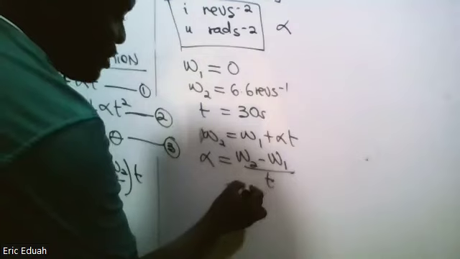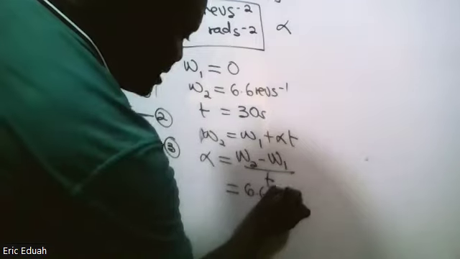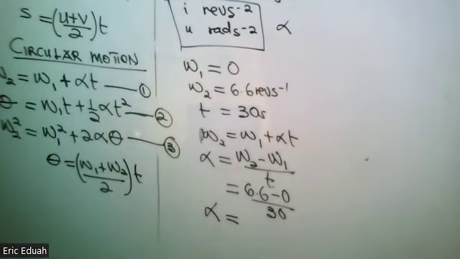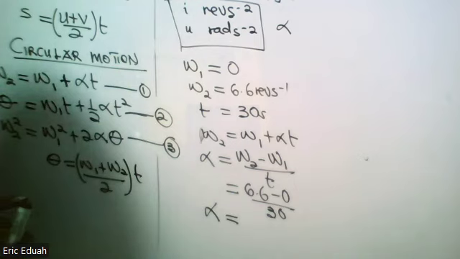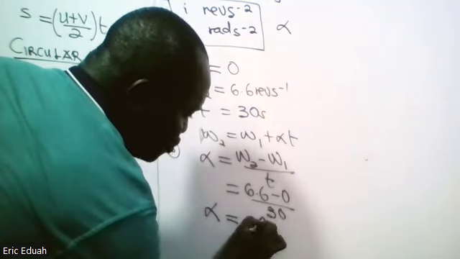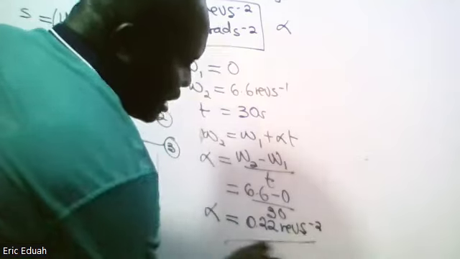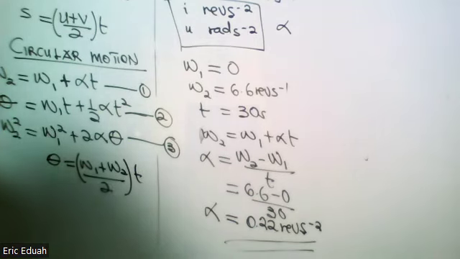The final angular velocity 6.6 revolutions minus 0 over 30. And this will give us the angular acceleration in revolution per second squared. What is 6.6 divided by 30? 0.22 rev per second squared. And this answers the first part of the question.